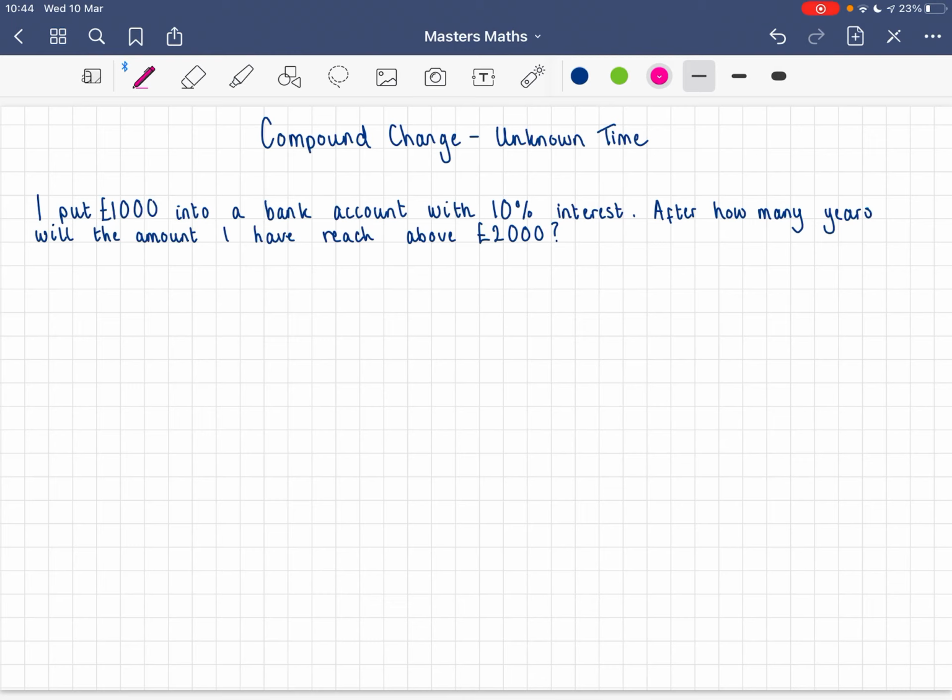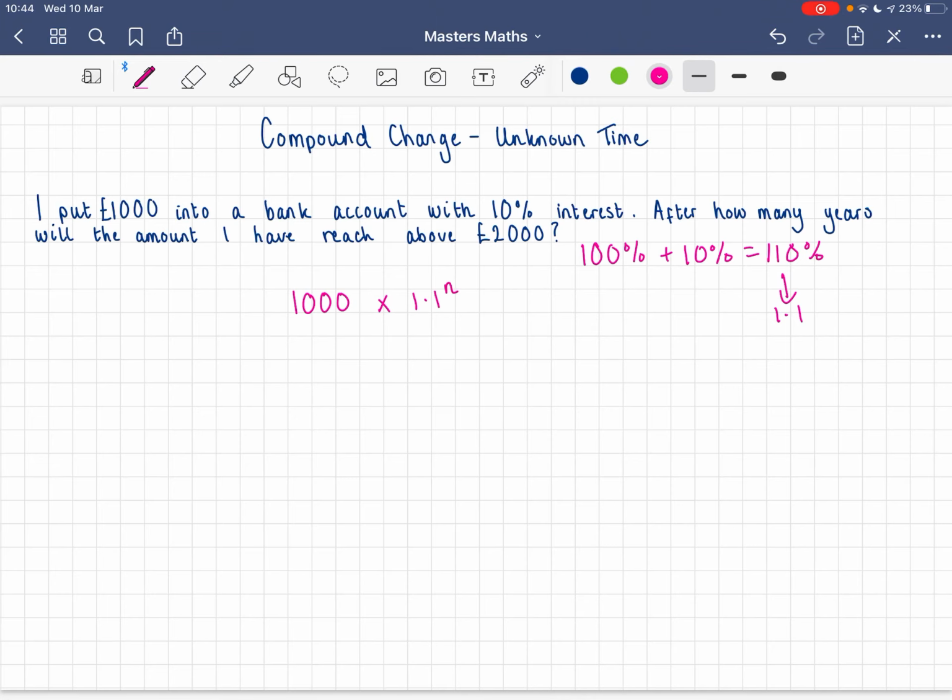So if I put it into the formula, I have my original £1,000. I've multiplied it by my percentage multiplier. Interest is always an increase, so 100% and 10% is 110%, which is 1.1 as a decimal. So that's my decimal multiplier, and it is the power that I don't know, the number of years that I don't know.